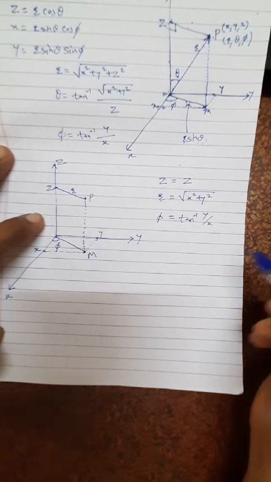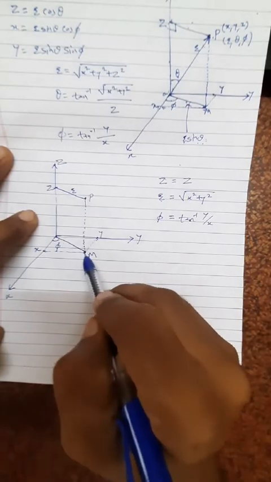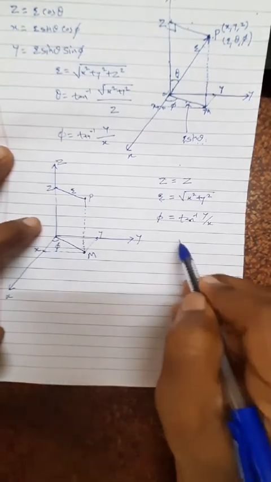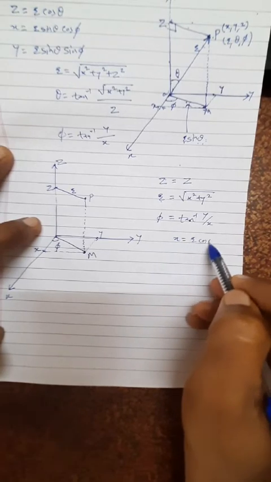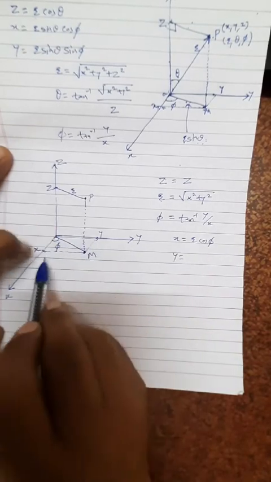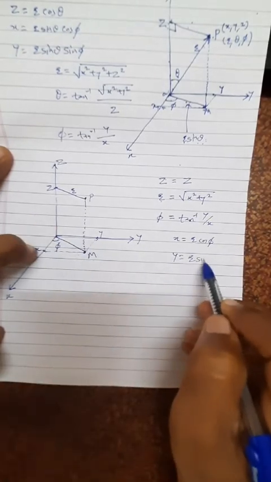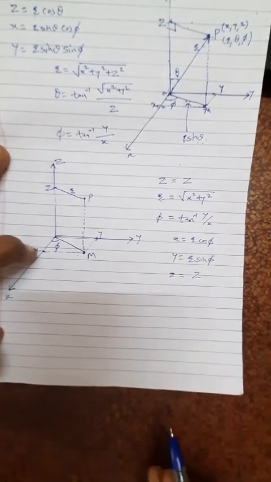Now how to write x, y and z? Again the situation is very simple. This is r, and therefore the adjacent side x can be written as x is equal to r cos phi, correct? How can we write y? Y is this, it is the opposite side, therefore it is r sin phi, and z is equal to z.